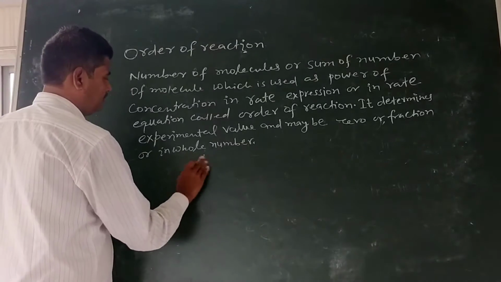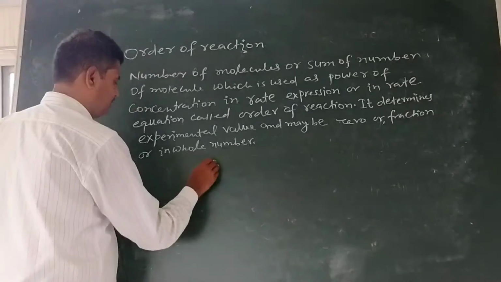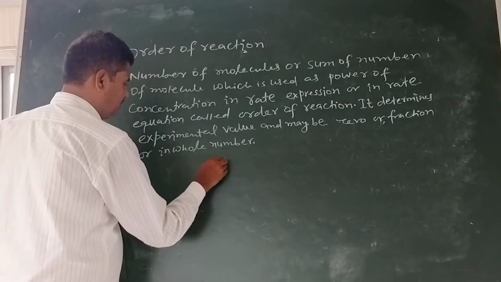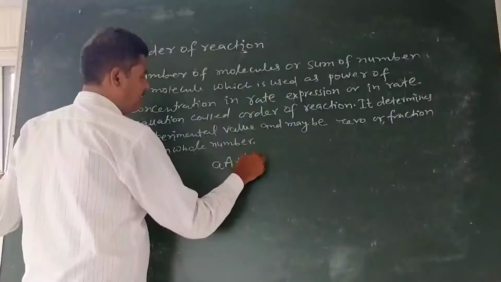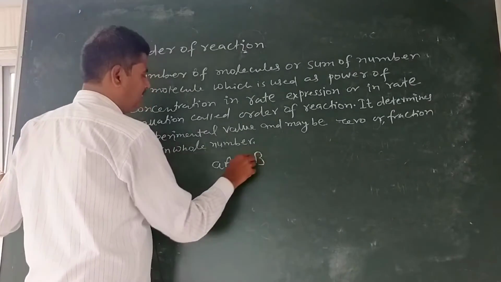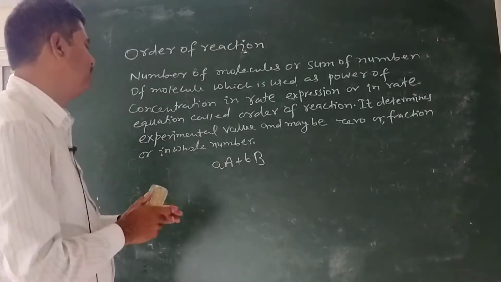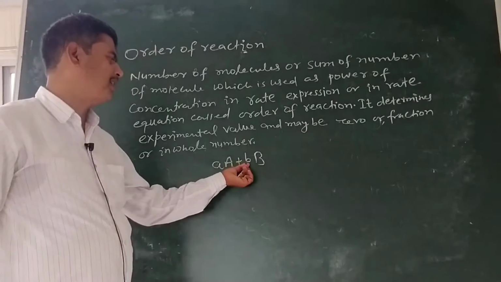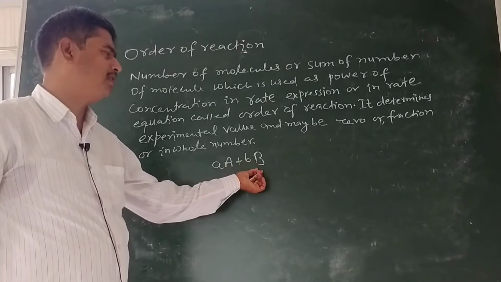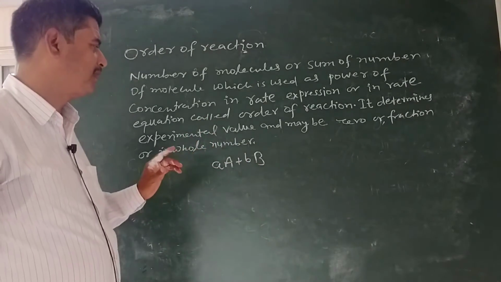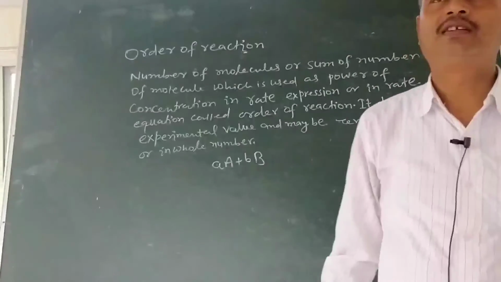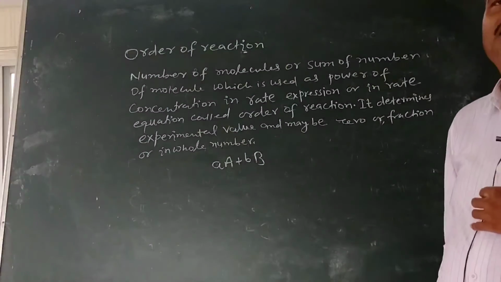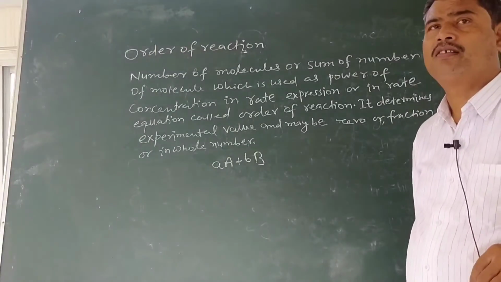Suppose the equation is aA plus bB. a moles of A and b moles of B react with each other and give the product.